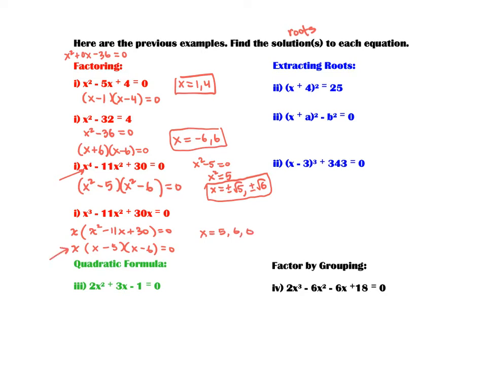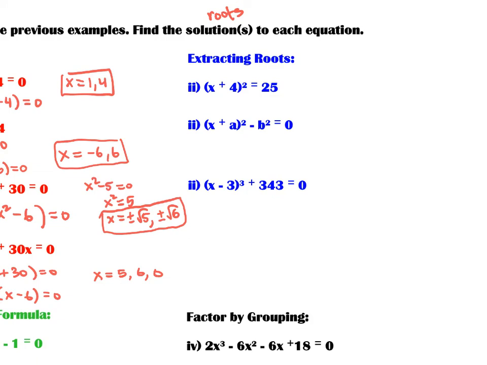Okay, awesome. Let's look at the second type. It's called extracting roots. Now, extracting roots is actually a very convenient form for us to have. So for example, if I have x plus 4 quantity squared equals 25, I would take the square root of both sides. So what we would get is that x plus 4 equals plus or minus the square root of 25.